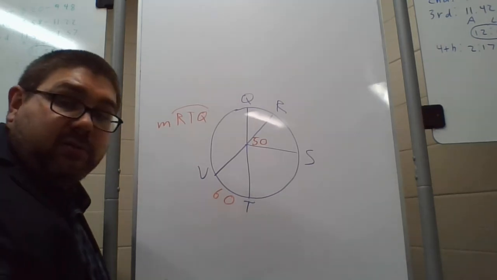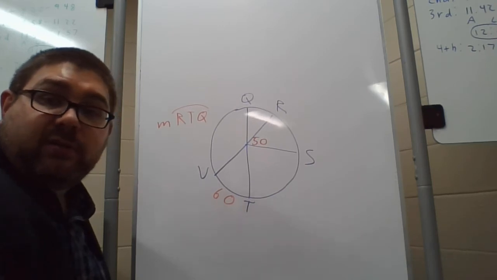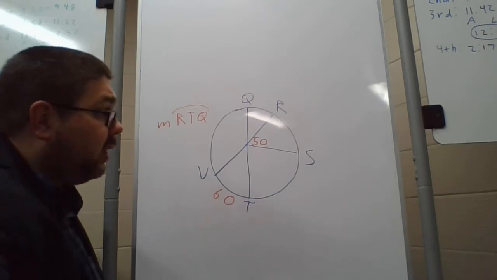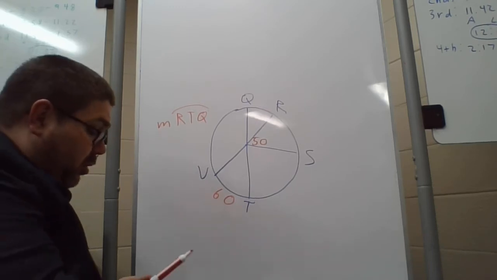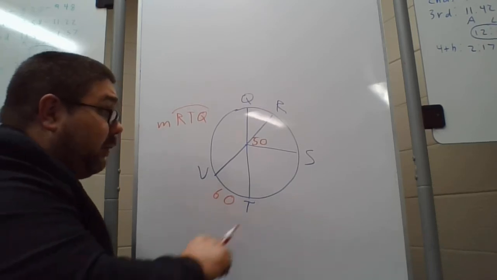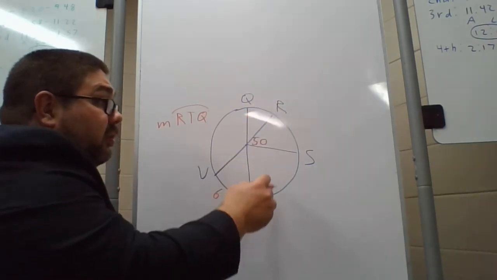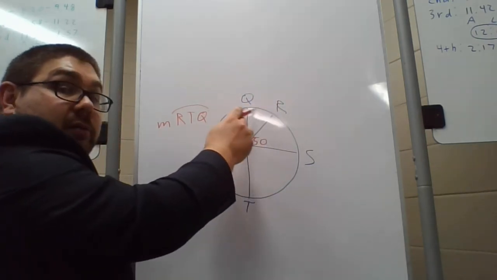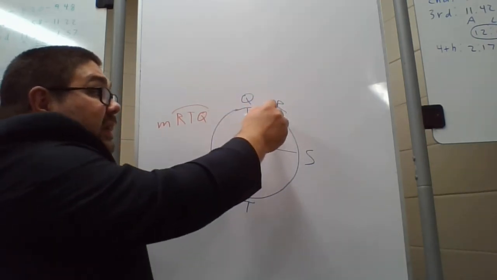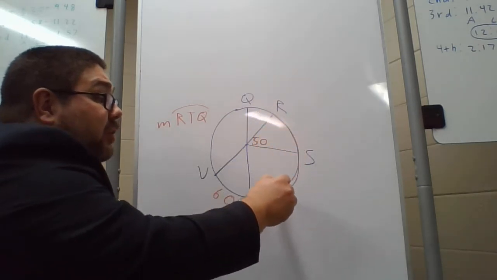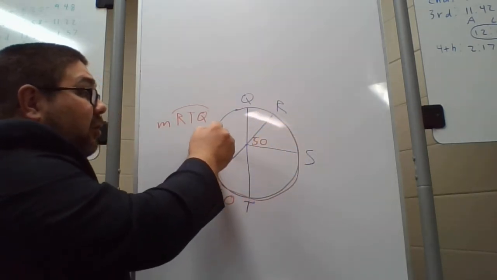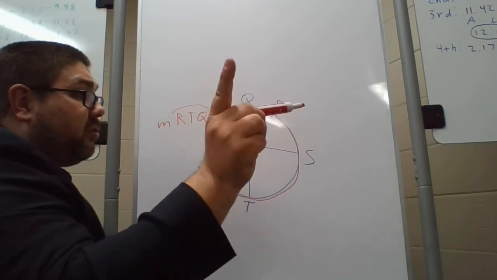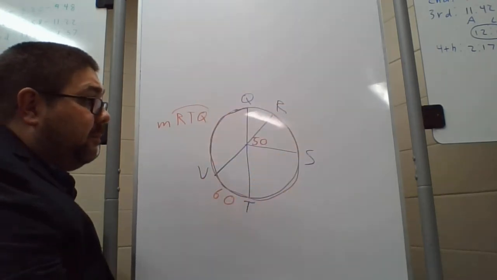Let me make sure I put that down correctly. Yep, I did. So, it's arc RTQ. Notice it doesn't say RQ, right? There's a T. What the T is telling us is that it goes through T. It goes from R to Q through T.